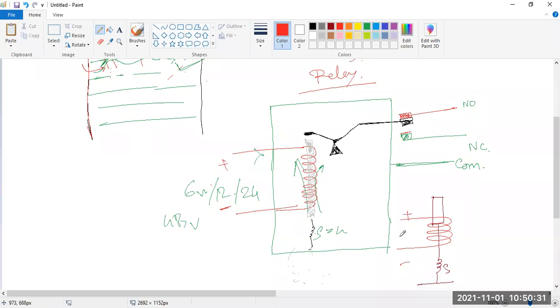But whenever you put some DC voltage, current starts to flow, then flux is created. Then it will induce this plunger. This is a ferromagnetic plunger. Then it becomes a magnet, because inside the coil this is inducing this ferromagnetic material. What happens?